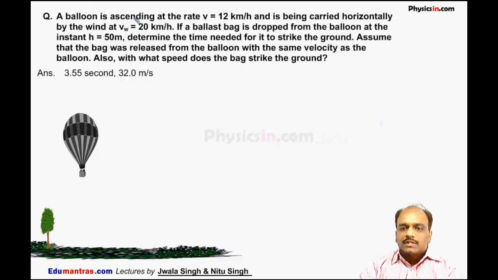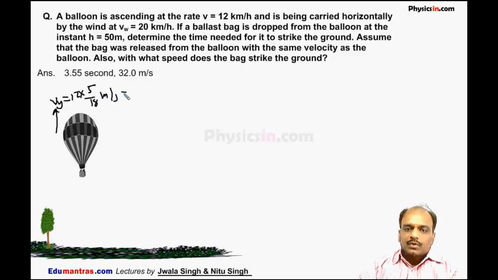Now suppose a balloon is ascending at a rate of 12 km per hour. This balloon is going upward with a speed of 12 km per hour, means 12 into 5 by 18 meter per second, which is equal to 10 by 3. This is the vertical velocity, and horizontally it is moving with a speed of 20 km per hour, means 20 into 5 by 18.